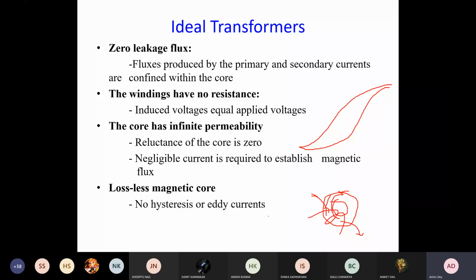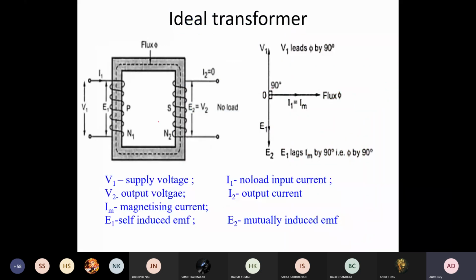That is also not possible, because although you are using a laminated core, still some part of it will have eddy current loss. Those things you cannot bypass, so we should take care of them when we do the practical study. With that ideal case, we can draw the phasor diagram of the ideal transformer.